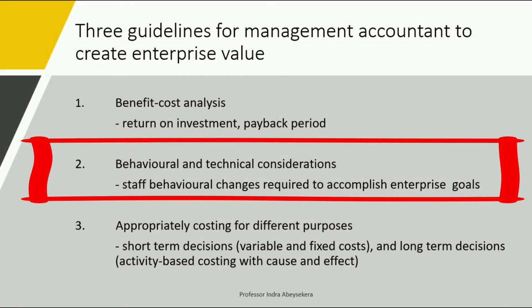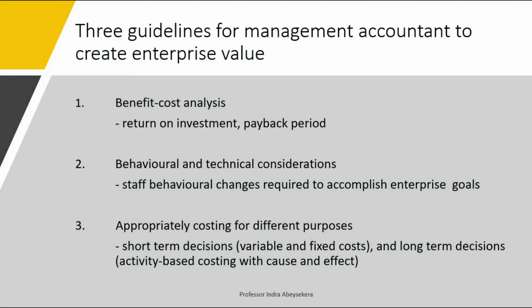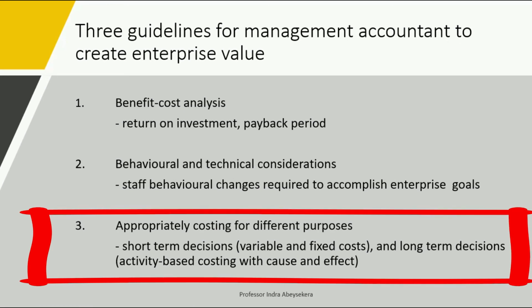Second, the behavioral and technical considerations would influence staff behavioral changes required to accomplish enterprise goals. The third is to appropriately cost for different purposes, to follow appropriate costings for different purposes.